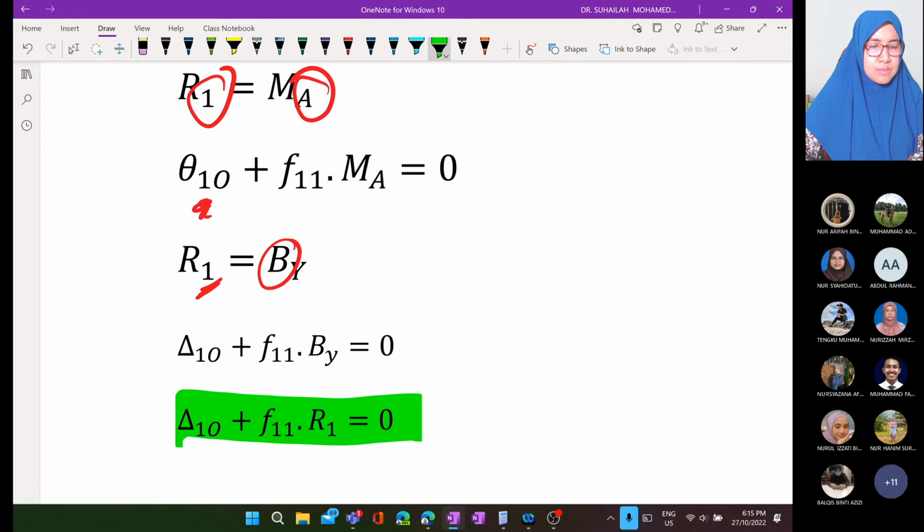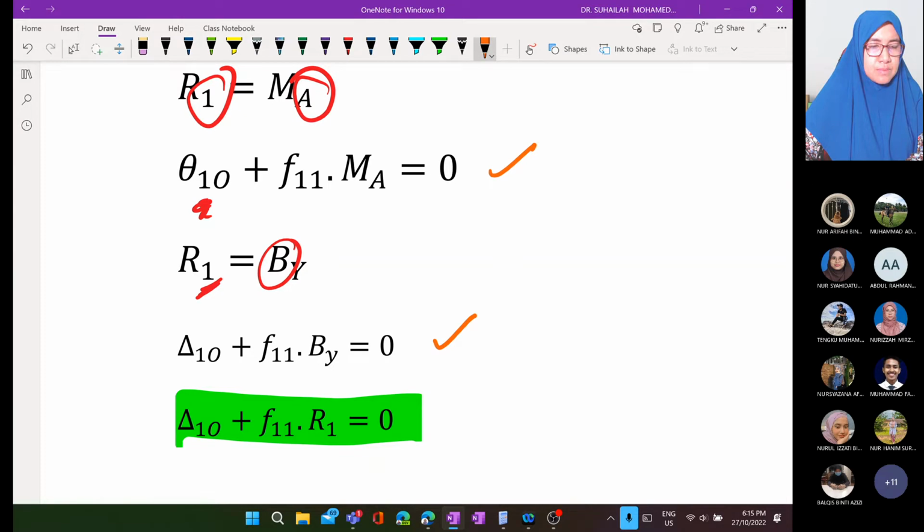Anyway, I will prefer to use this one or this one, because if we use R, we do not know whether it is moment or force.